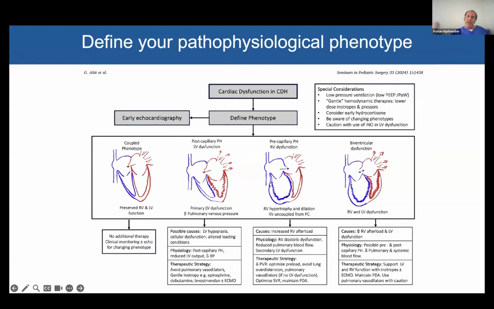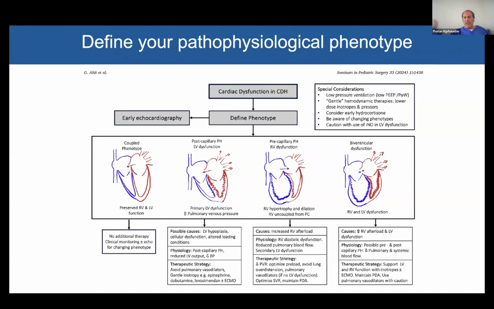Then you have those with a major or predominant right ventricular problem, and then the fourth phenotype, biventricular dysfunction. The management for all of these is a little bit different, and I will show you how we can approach this.